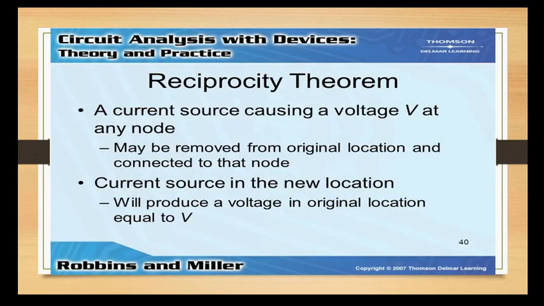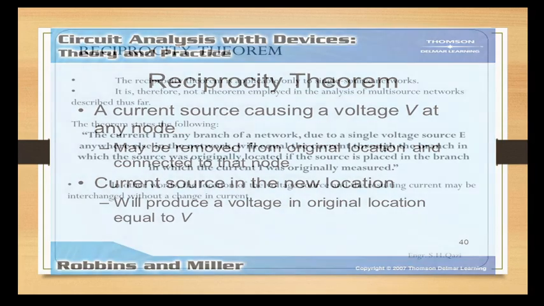So a current source causing a voltage V at any node can be moved to another location and it will produce the same voltage V in the circuit. So that is the simple form of reciprocity theorem. We can move on to this theorem in detail.